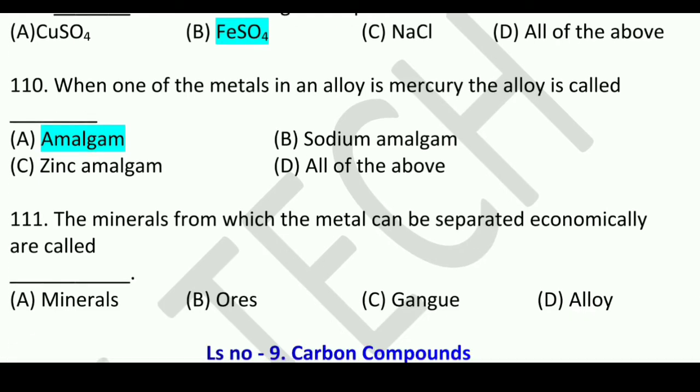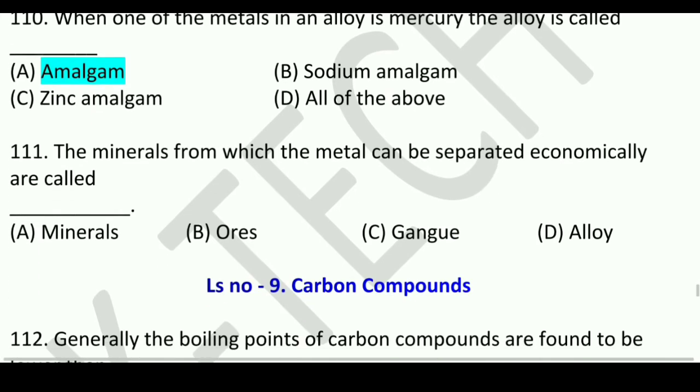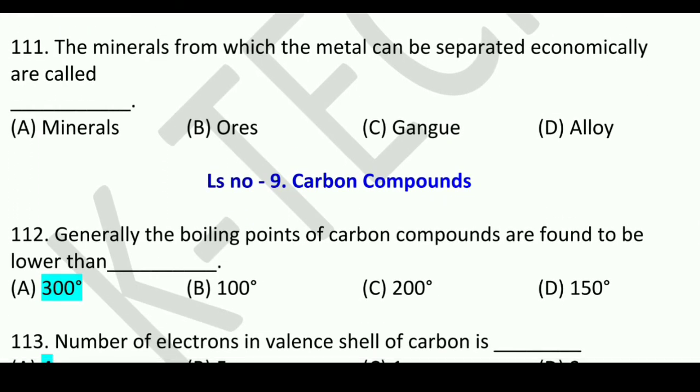When one of the metals in an alloy is mercury, the alloy is called as amalgam. The minerals from which the metals can be separated economically are called ores. Okay, here the answer is ores.